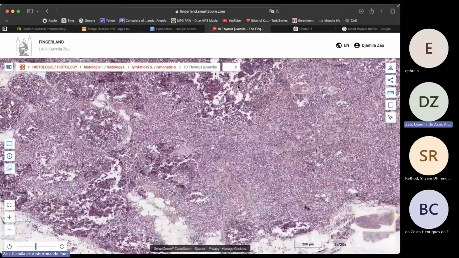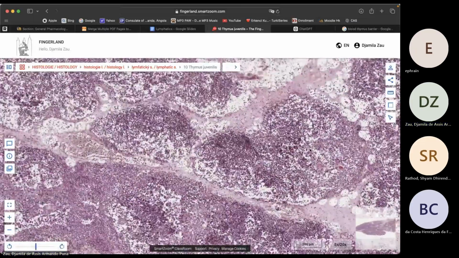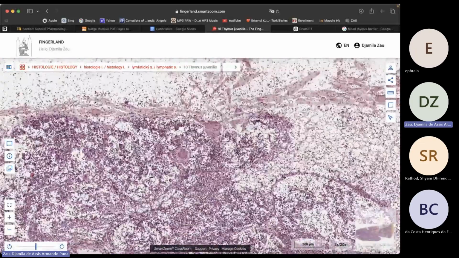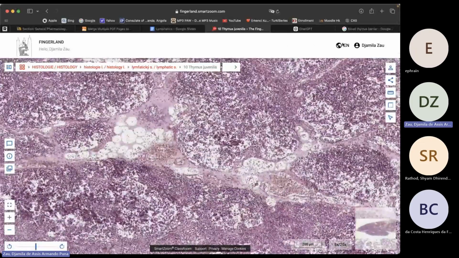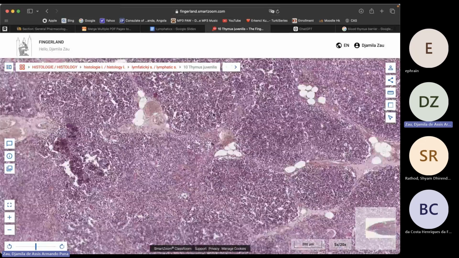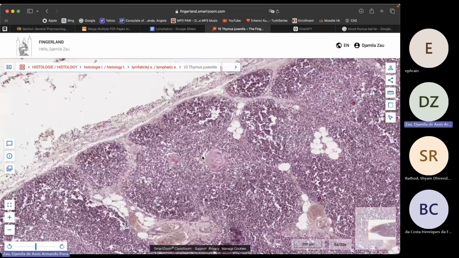Essentially, you're looking for one. Some slides, the way they're prepared, you're not going to be able to see certain structures, and the professors will always let you know, but for your actual slide test, they will not give you those slides. Guys, so these are the Hassall's corpuscles. They're very easy to differentiate from the actual cortex and medulla. You're not going to look at this and think this is a lymphocyte.